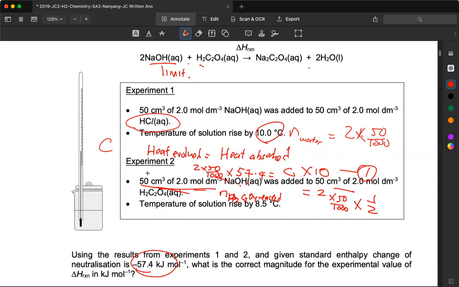So you have 2 times 50/1000 times half, which is the number of moles, times the enthalpy change of solution, which is the unknown we are finding, equal to C times 8.5. So this will form equation 2.